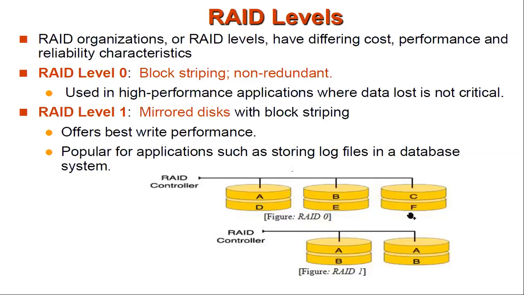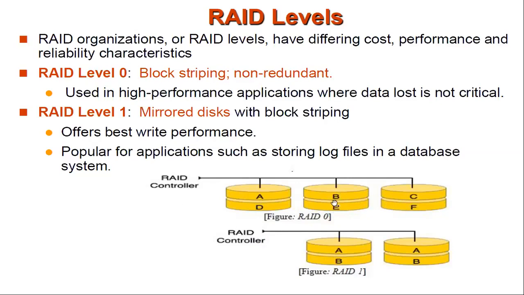You can see the diagram here for RAID 0. You have the RAID controller and the disk arrangement, A, B, C, D, E, F, so there are 6 disks. Whatever content is present in disk A is available only in disk A, and whatever is in disk B is available only in disk B. The data is not repeated across the disks in the RAID arrangement.